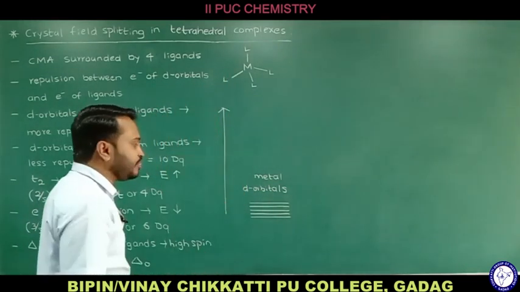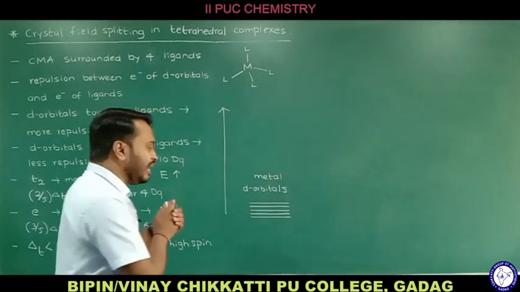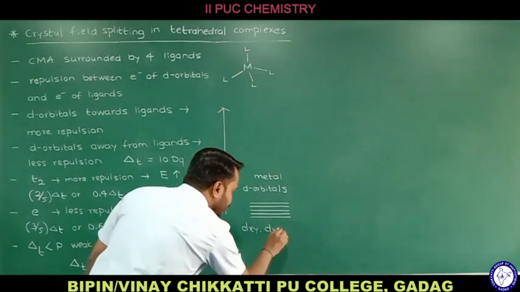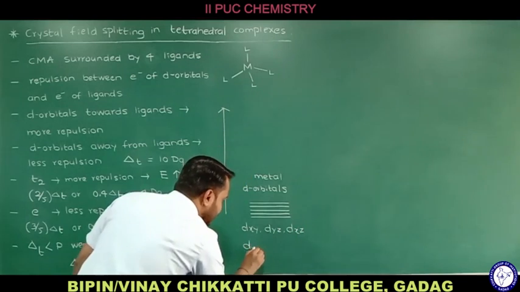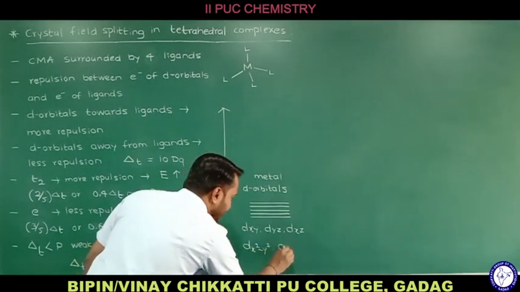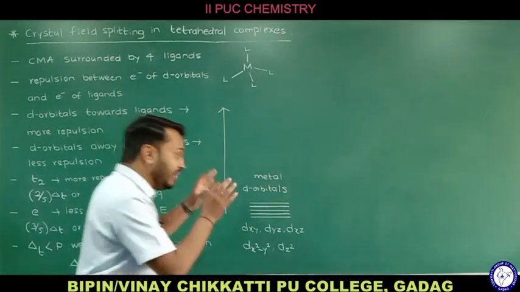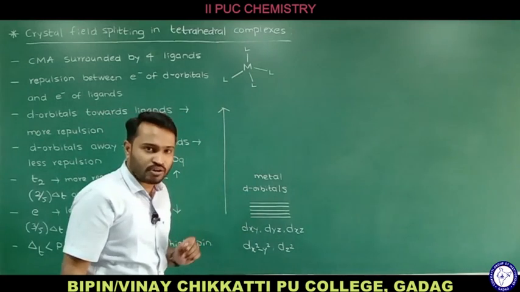We already know what these d atomic orbitals are: dxy, dyz, dxz, dx square minus y square, and dz square. They are 5 d atomic orbitals of identical energy, therefore we call them degenerate atomic orbitals.